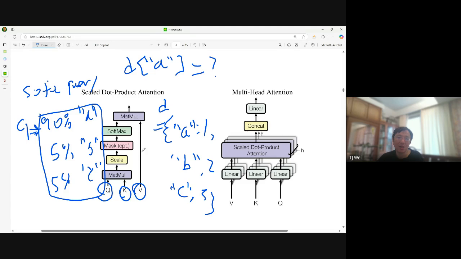You can query something like different. But right now for simplicity, because we are using softmax here, you can consider this as a probability.